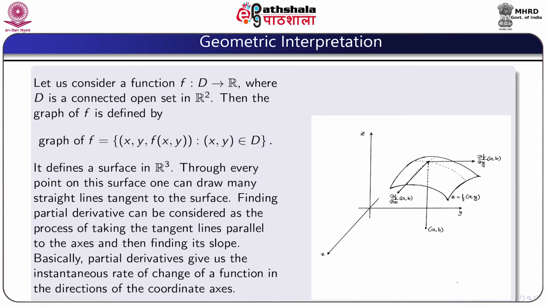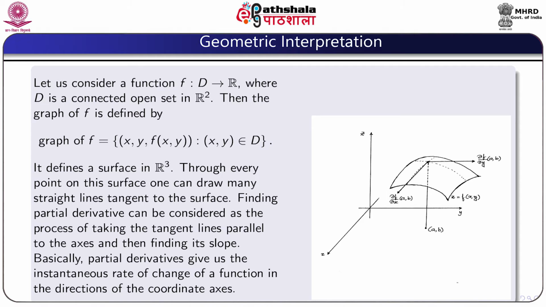If we fix x and let y vary, then it is a function of y alone. So, it will give us a curve which lies entirely on the surface. We call such a curve a y coordinate curve. Similarly, we can fix y and draw an x coordinate curve.